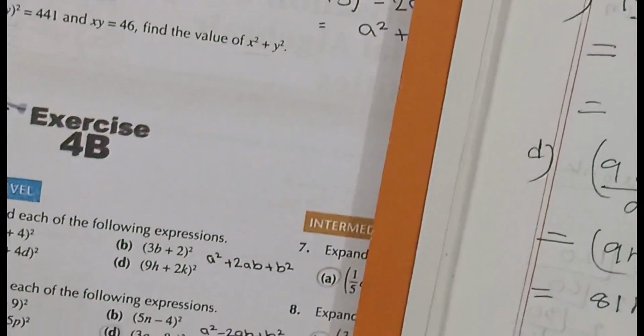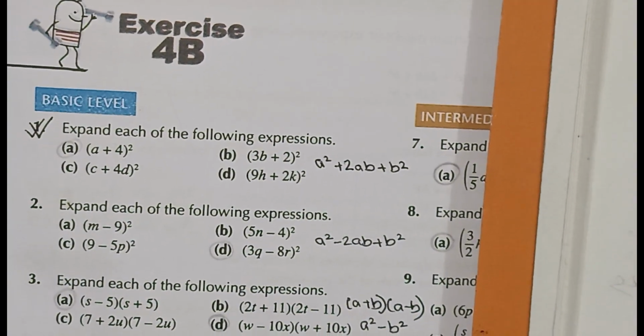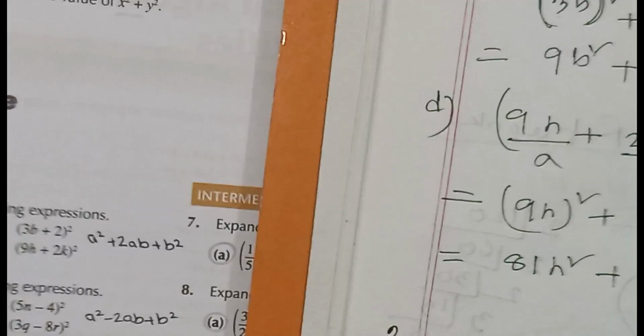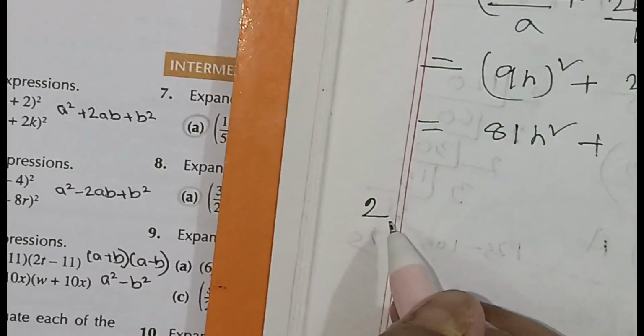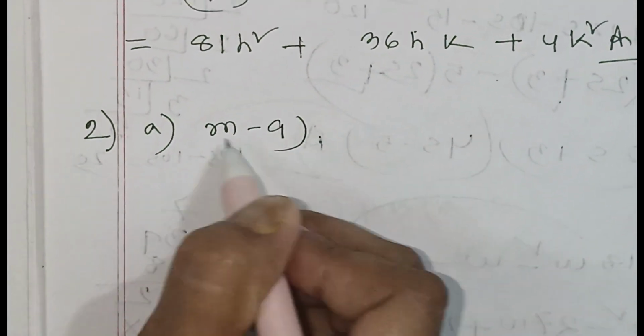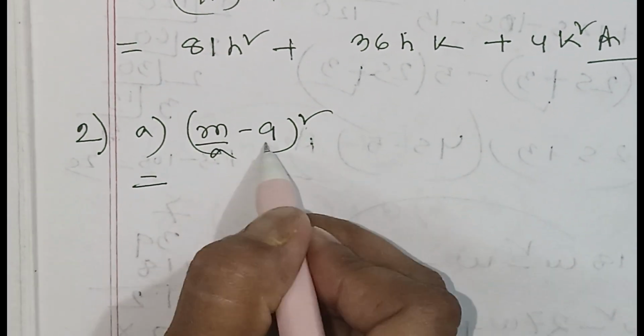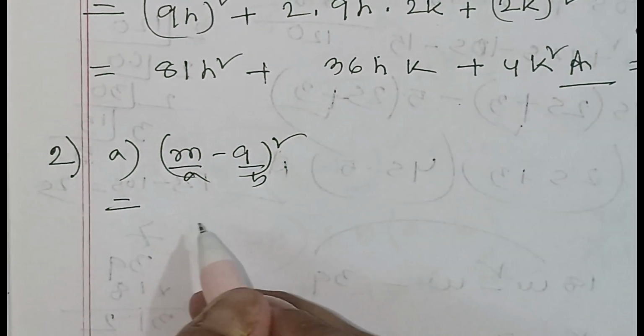So next, question 2: expand each of the following expressions. Number a, (m minus 9) whole squared. So here m means a and 9 means b. That's simple.